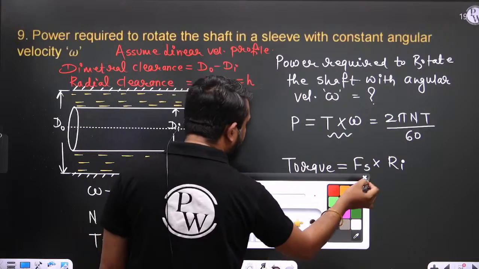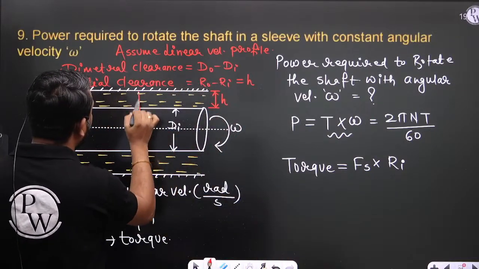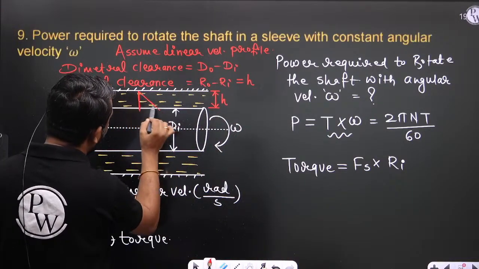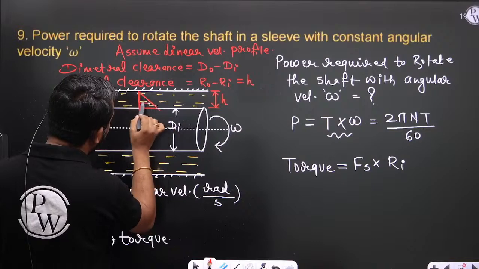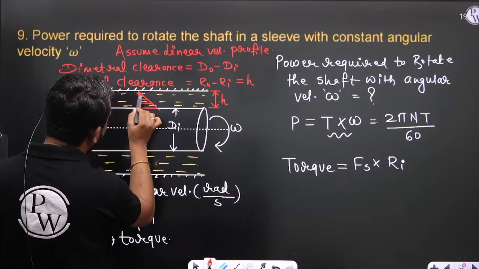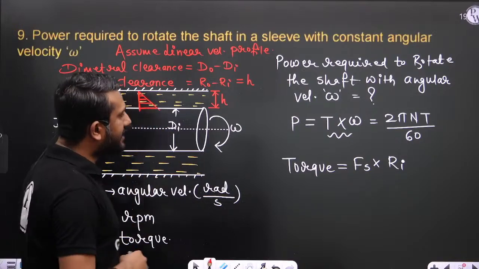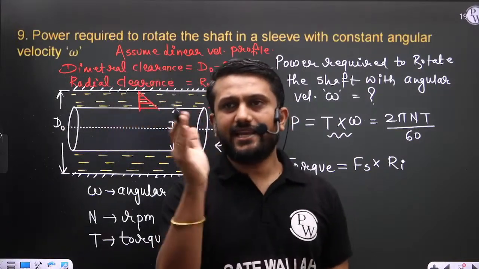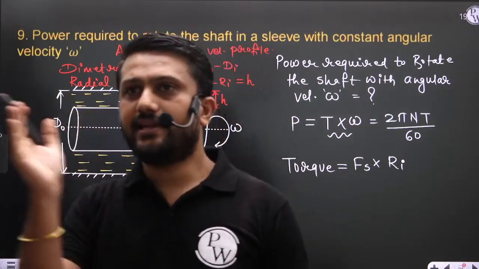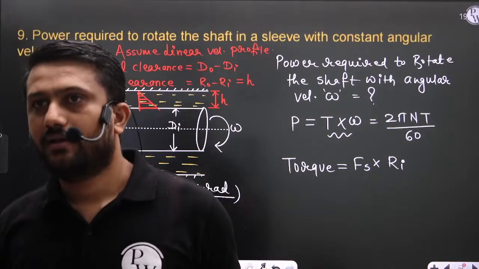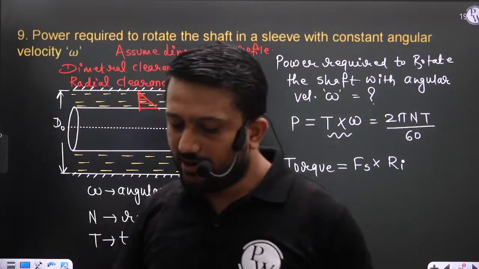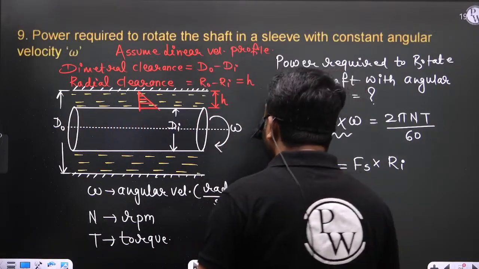This is the velocity profile. The angular velocity we know is omega. Is there any relation between the angular velocity and the linear velocity?